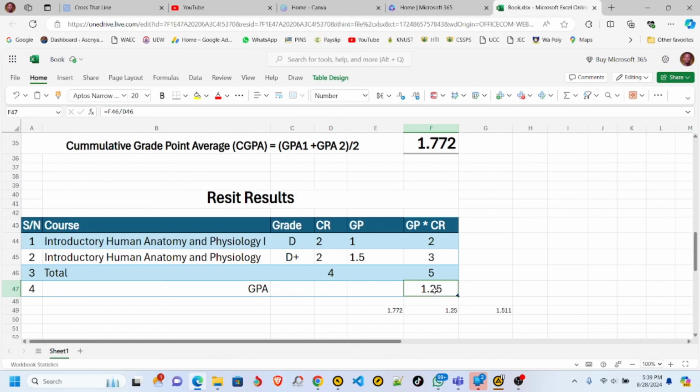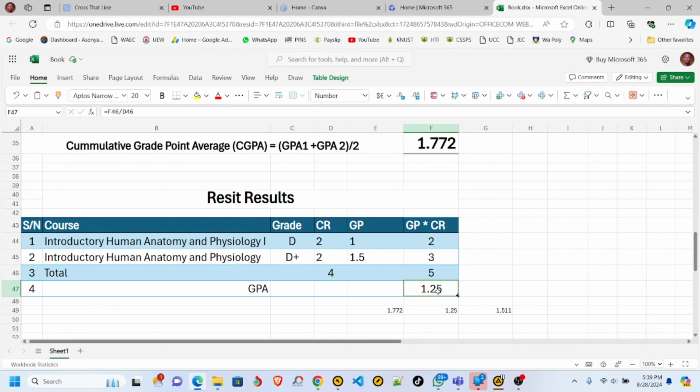1.25. Now, to get the CGPA, or the Cumulative Grade Point Average, you have to sum up all the GPAs: the first semester, second semester, plus the resit. We did that already, and we had 1.772.